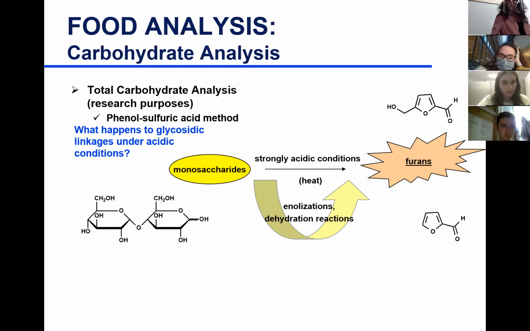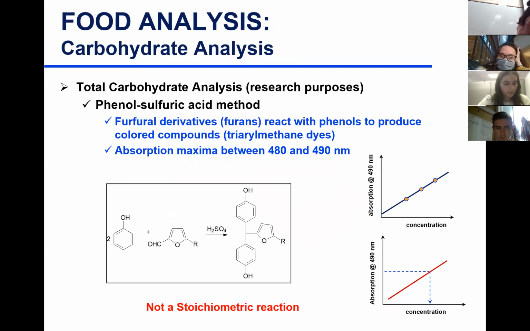These furans react with our phenol. That's your phenol, that's your furan. They react and you get a substance that absorbs at a lambda max between 480 and 490 nanometers.